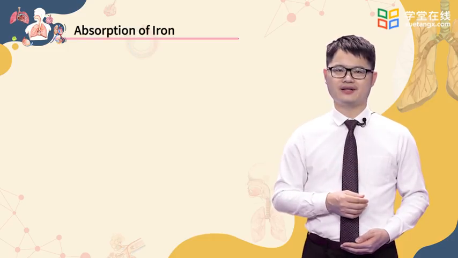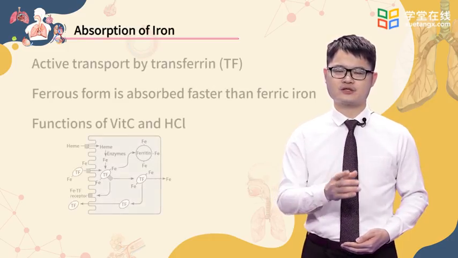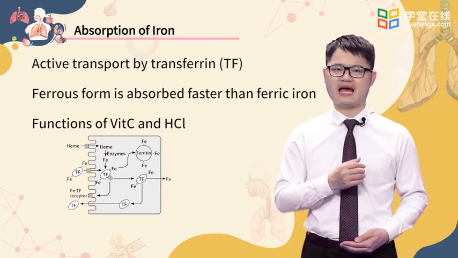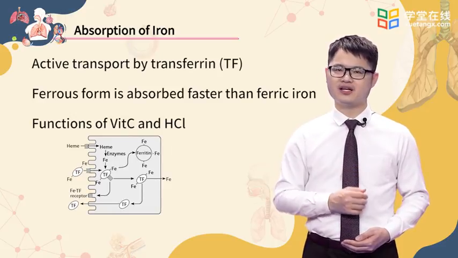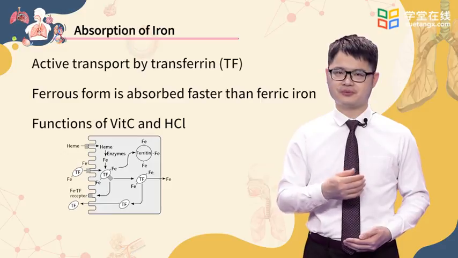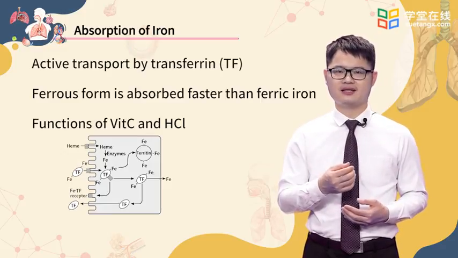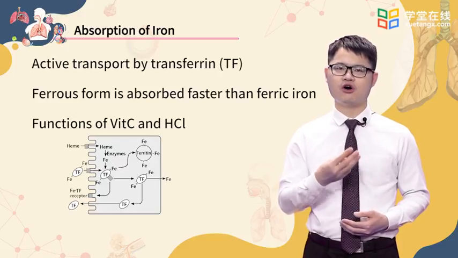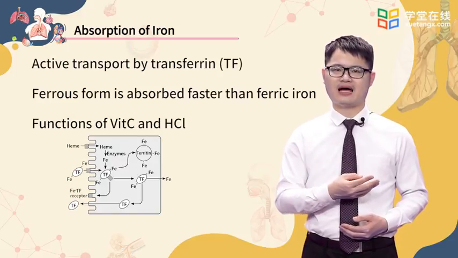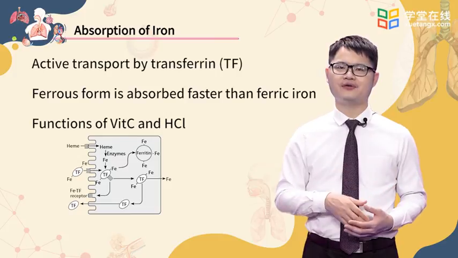Absorption of iron is mainly through the active transport by transferrin, TF. Iron is better absorbed in its ferrous rather than its ferric form. Vitamin C, hydrogen chloride, and the liver hormone hepcidin are all involved in iron absorption.